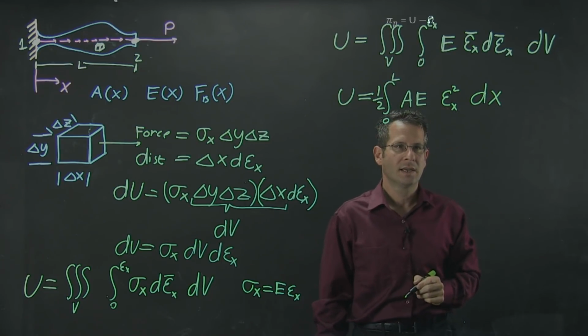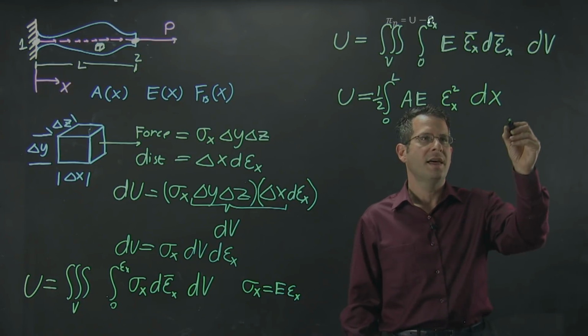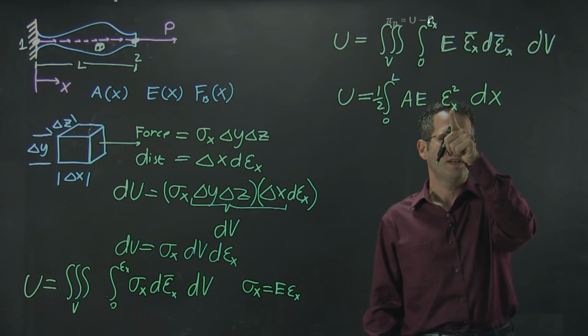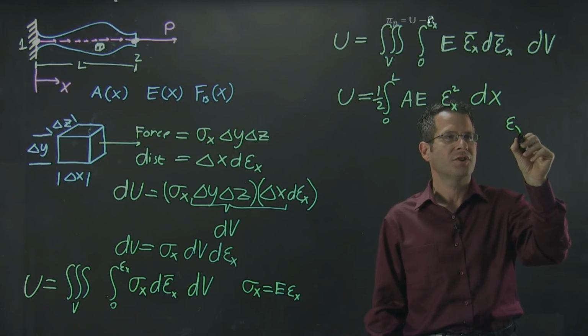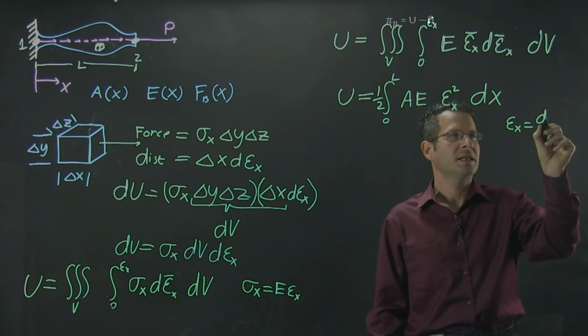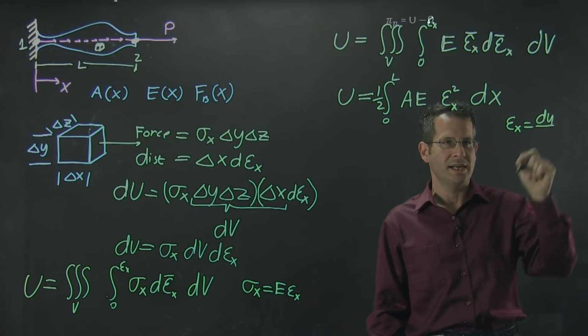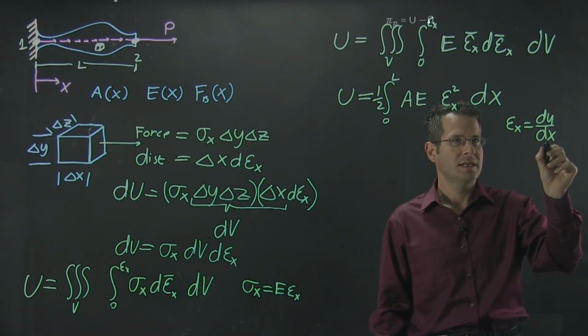Now I need to remember that I've defined previously that the definition of strain in the x direction is just du, this is u, my displacement, over dx.